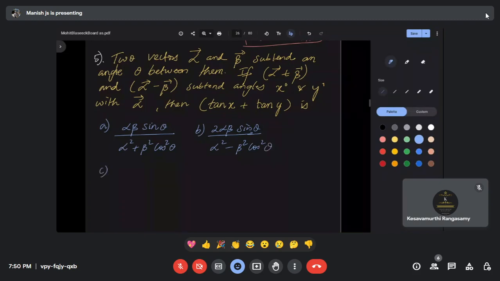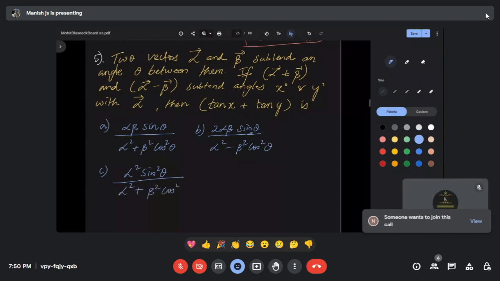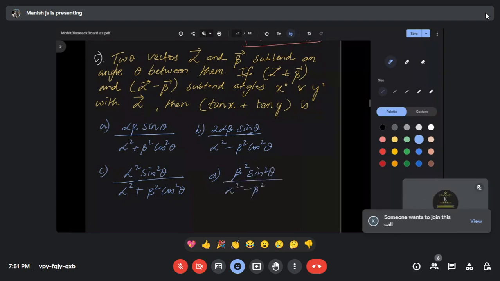Option C: alpha square sine square theta upon alpha square plus beta square cos square theta. And option D: beta square sine square theta upon alpha square minus beta square cos square theta. These are the options.